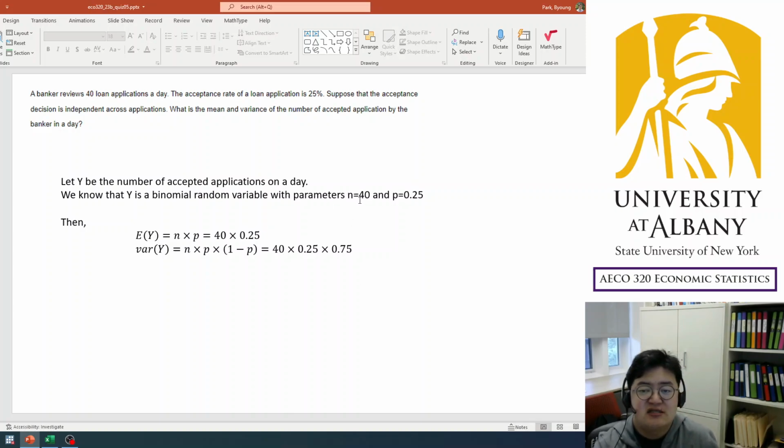So n is 40 and p is 25%. Plug those numbers into the formulas. You get 40 times 25%, which is 10, right? And the variance is n times the probability of success times the probability of failure, so 40 times 0.25 times 0.75. A simple formula, you can calculate that, right? Okay, that is it.